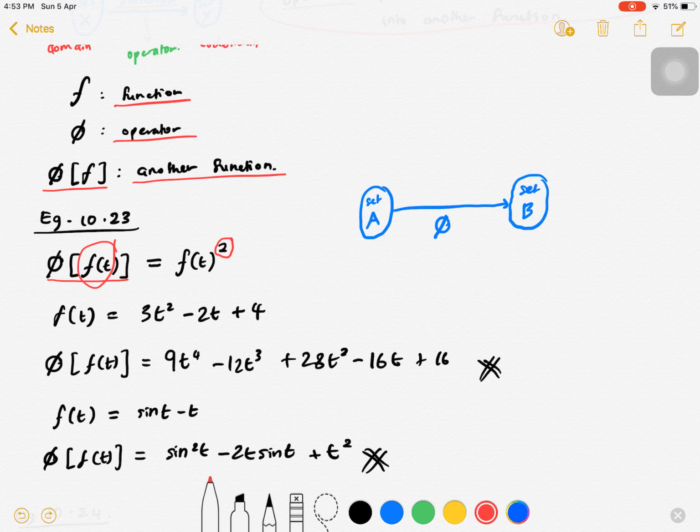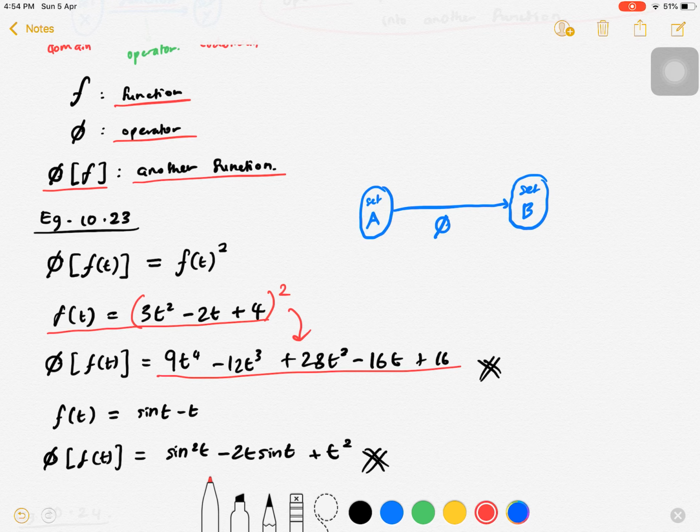Okay, hopefully you understand that. So when I put this function into the operator, what will happen is it will change this particular function into a new function. This is the new function created by the operator. Actually, what happened is we square this equation, so we will get this one.